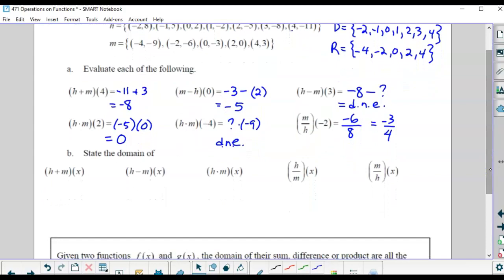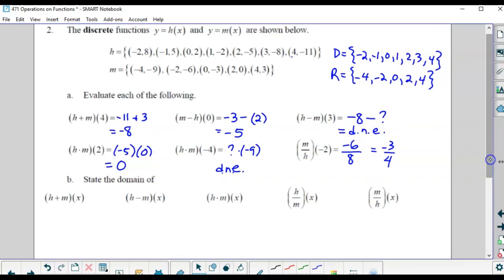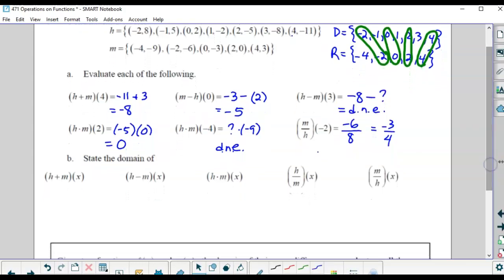So state the domain when you're adding them together. Again, the domain is where they overlap, so we need to know where they overlap. So the negative 2's, the 0's, the 2's, and the 4's. Okay, so that's going to be our domain for all of these, unless we're doing a dividing.